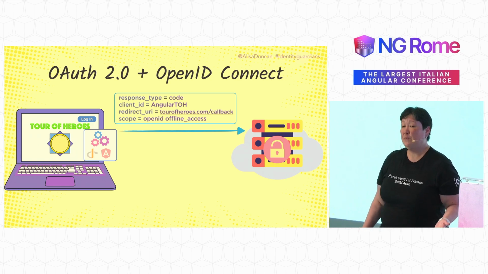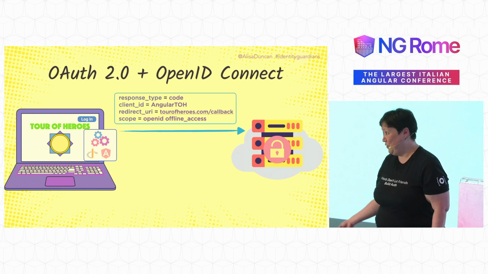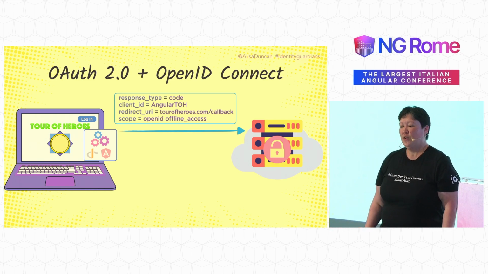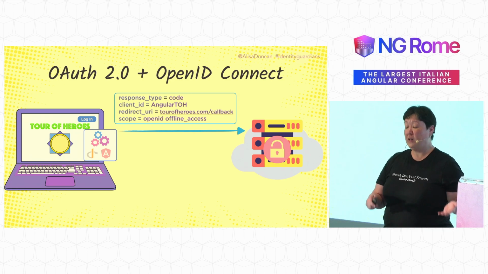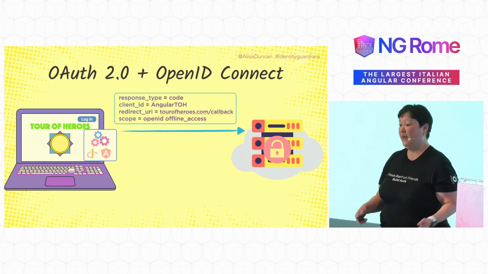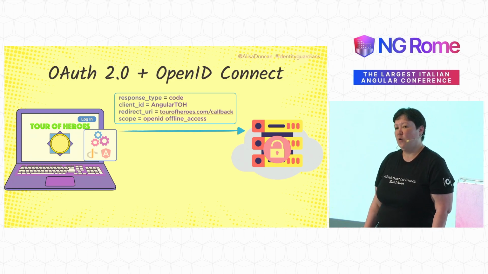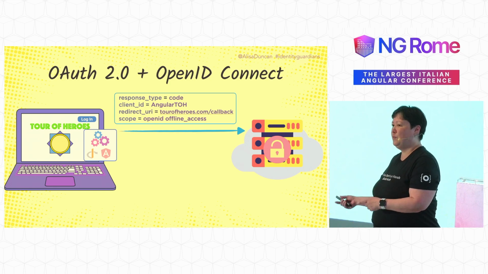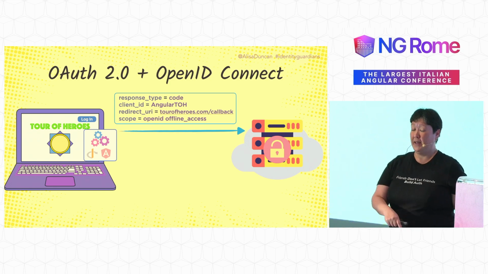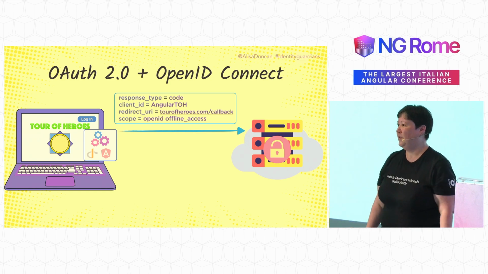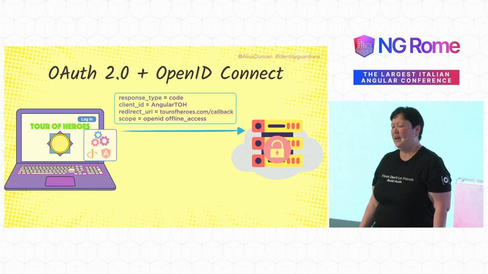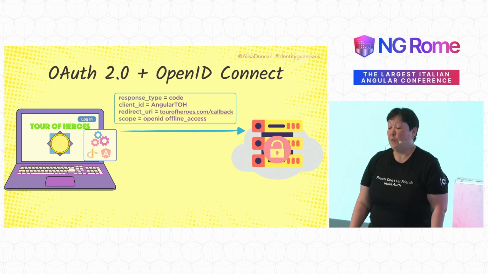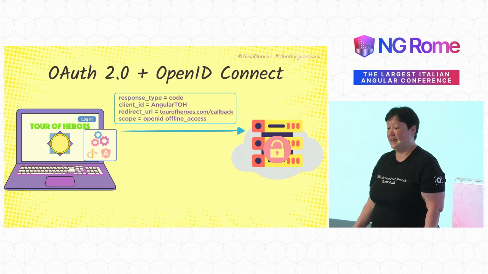You'll see something like response type, which is code for authorization code flow. You'll also see the client ID. That's some sort of unique identifier for your client, your Angular Tour of Heroes. And you'll also need a redirect URI, which is where the identity provider redirects your user back into your application when they successfully authenticate. And then lastly, you'll include some things like scope, OpenID for OpenID Connect, and offline access.